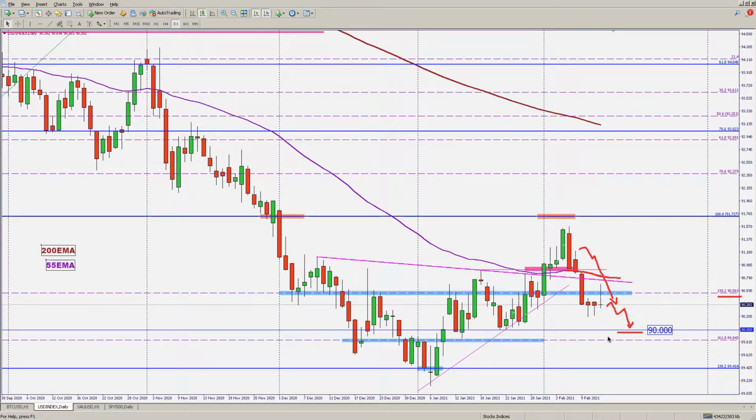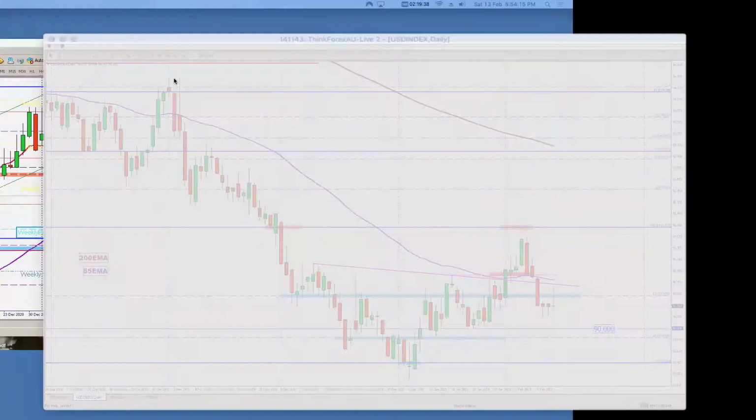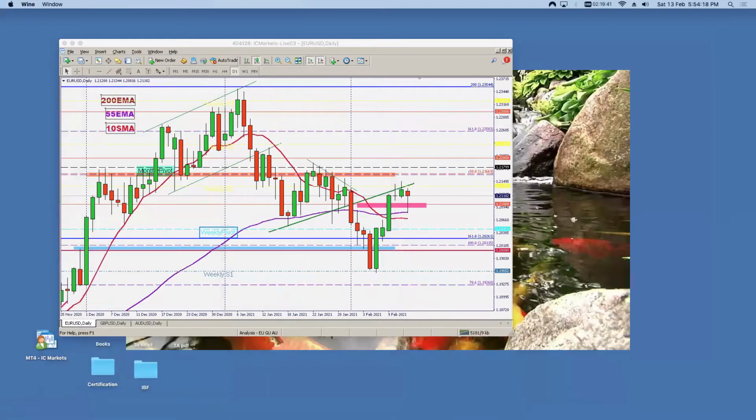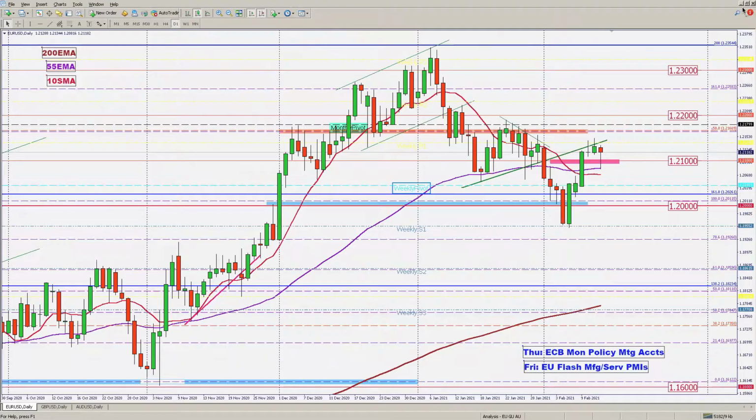This should bring up a strong support zone here. It needs to break back up above the daily 55 in order to make another attempt to test the swing low. So it still spells a consolidation for next week as well.